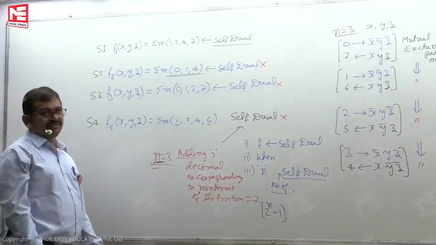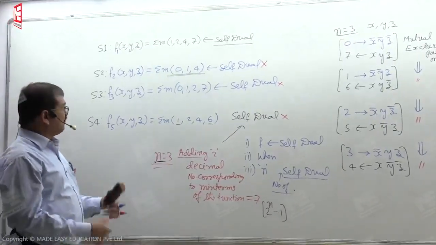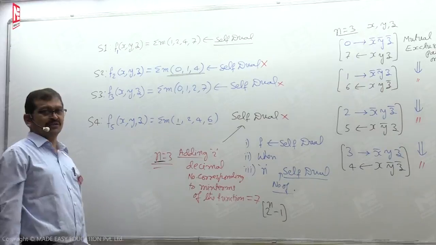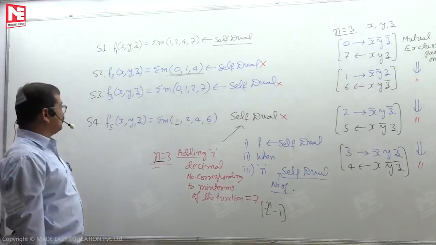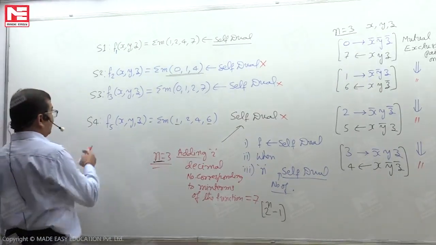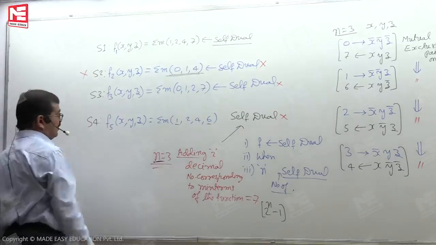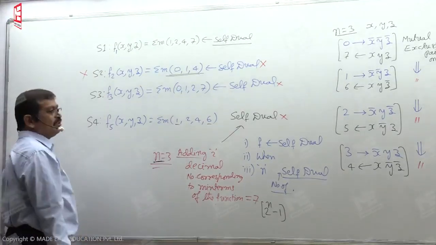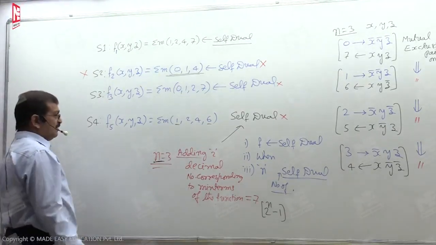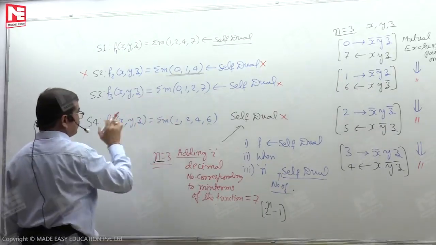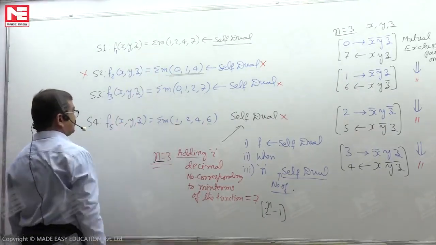From the given functions, which one is a self-real function? While looking at this, we quickly recognize it is not a self-real function because it is not a neutral function. The first condition fails. Coming to this, it is a neutral function. Coming to this, it is a neutral function.